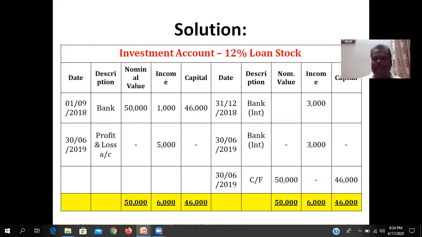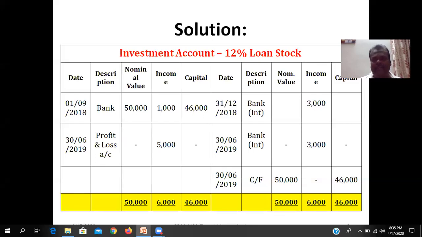So if we compute the interest for the pre-period, that is only 2 months, that interest would be 1,000 rupees. That 1,000 rupees is included in the total capital value of 47,000 rupees. So that 1,000 rupees should be debited to the income column, and the remaining 46,000 is debited to the capital column. So this is the entry.